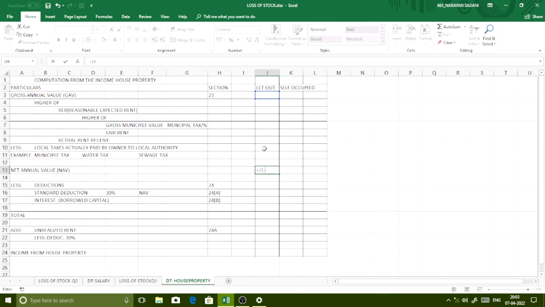For the higher of two, we use the command max: higher of reasonable expected rent and the actual rent received.